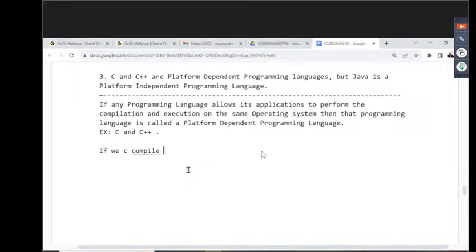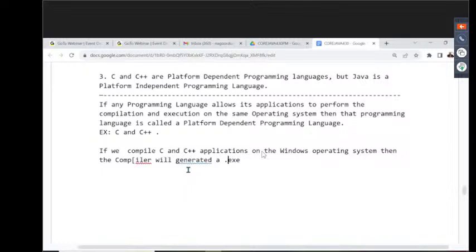All right, sir. If we compile C and C++ applications on the Windows operating system, then the compiler will generate a .exe file with the same Windows operating system representations.